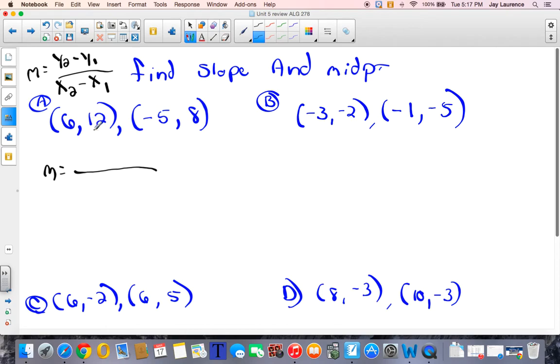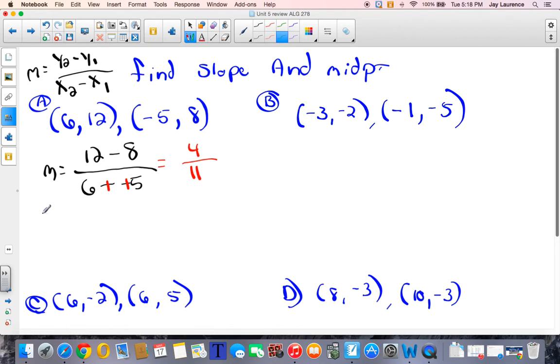And if I start with 12, because that's a y coordinate, I'll do 12 minus 8. Then I have to start with 6, and I'm always going to subtract 6 minus negative 5. And minus a negative is the same as adding a positive. And so 12 minus 8 is 4. 6 plus 5 is 11. My slope is 4/11ths.